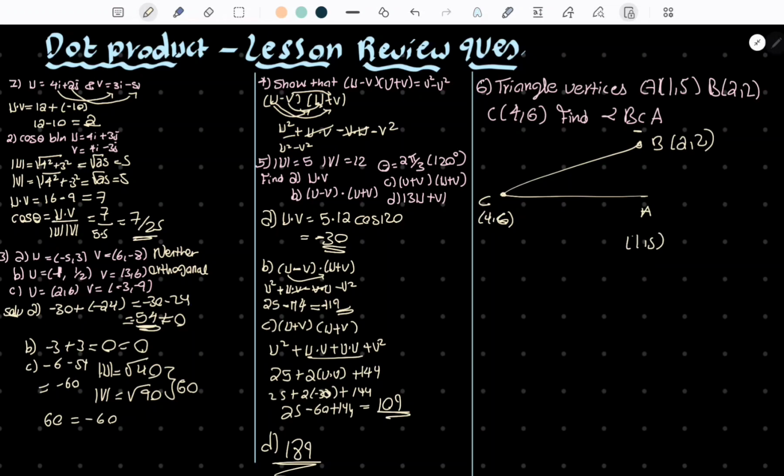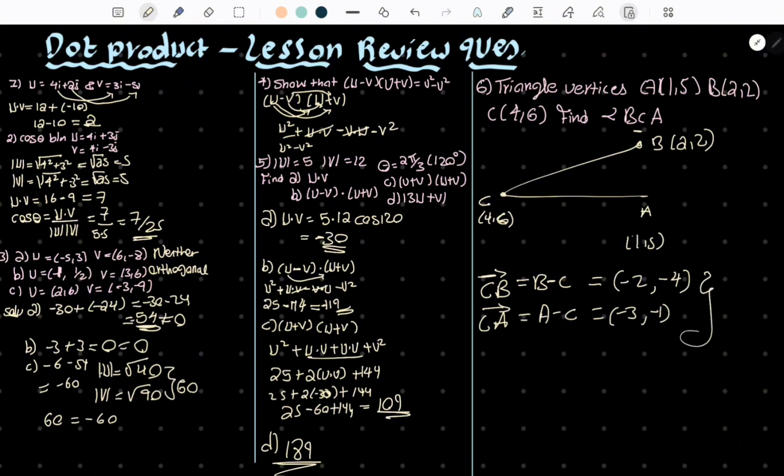So the first step that we need to take is define the vectors. So the vector CB and the vector CA. In order to do this, we just need to subtract components of C from components of B, and then it's going to be A minus C. So these are going to be our vectors.